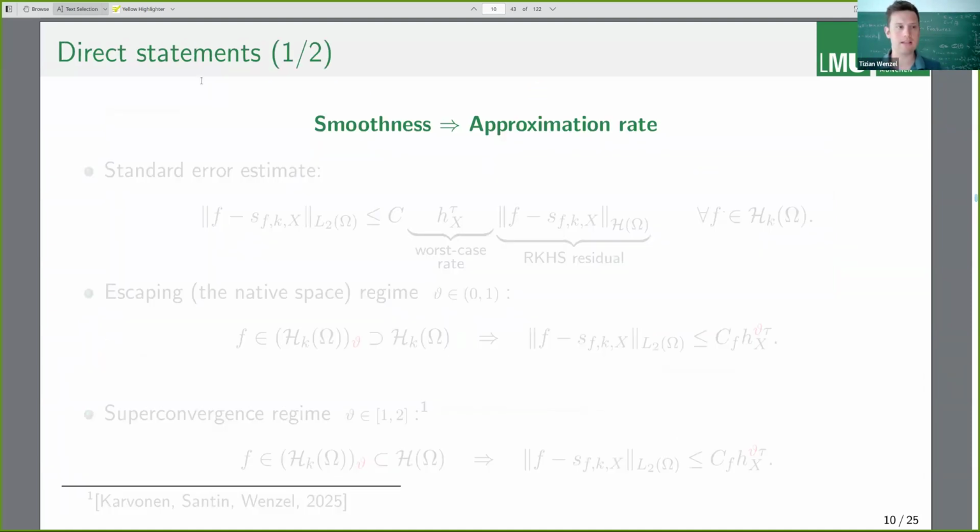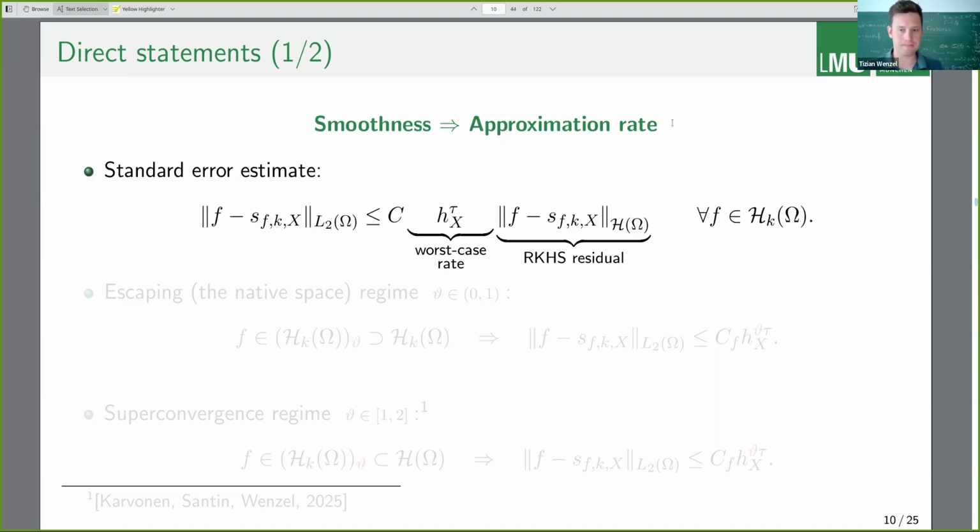The direct statements are always about smoothness giving you an approximation rate. We have some assumption on the smoothness of our target function, and with this we obtain some convergence rate. Maybe you have seen such a standard error estimate for kernel interpolation.